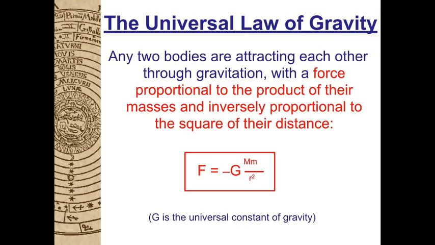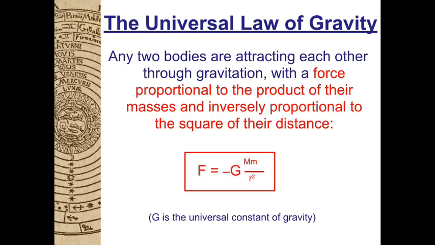And this force is going to be inversely proportional to the square of the distance. So the further I go from this object, from this large M, the weaker the force gets. Okay, and it drops off as 1 over r squared. Okay? And G, the capital G in this equation, represents the universal constant of gravitation.